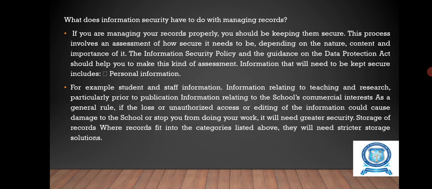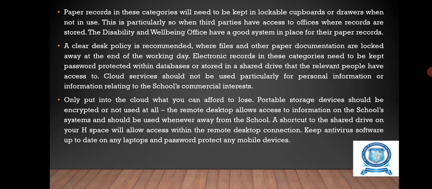Storage of records: where the records fit into the categories listed above, they will need stricter storage solutions. Paper records in these categories will need to be kept in lockable cupboards or drawers when not in use. This is particularly so when third parties have access to the offices where the records are stored.